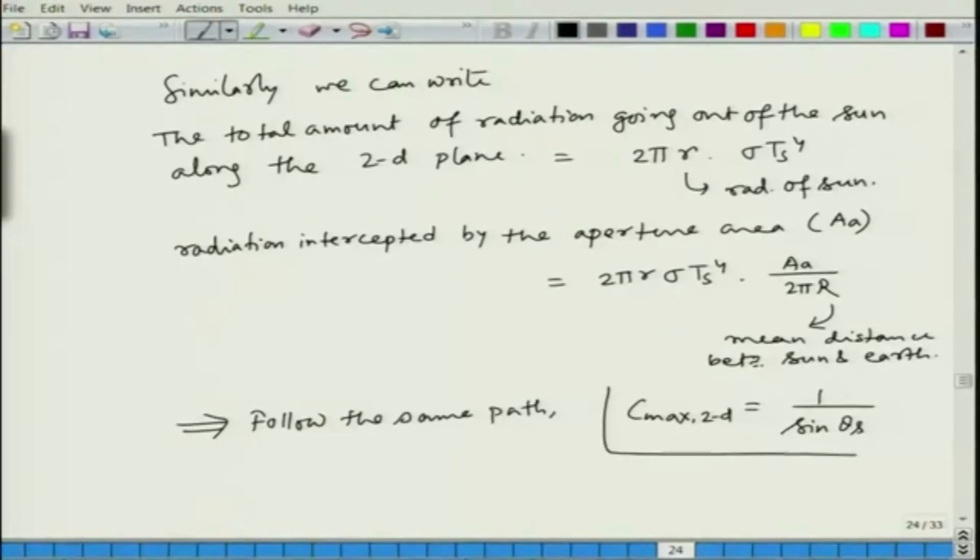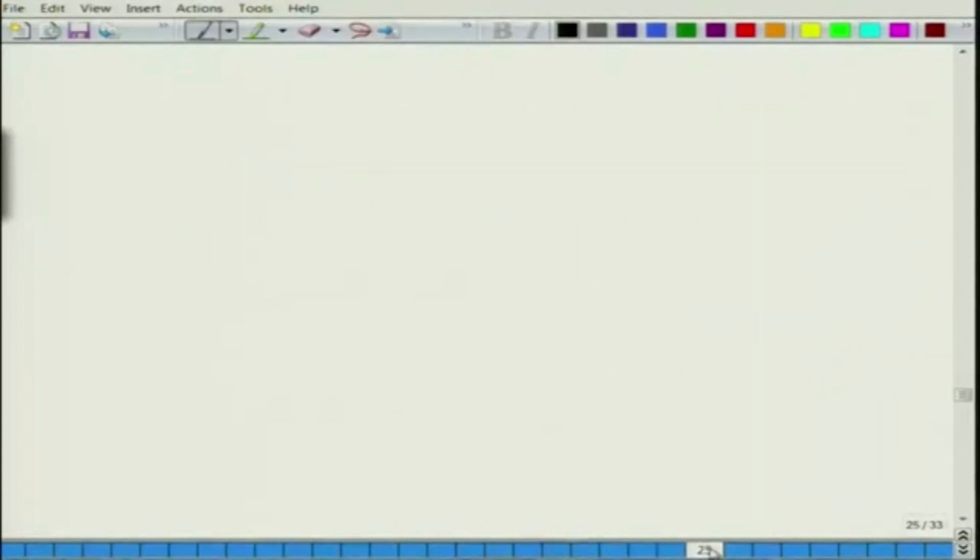So, that is the theoretical limit for a 2-dimensional concentrator. Here we must remember that C max 3d is equal to 1 over sin square theta s and C max 2d is 1 over sin theta s.